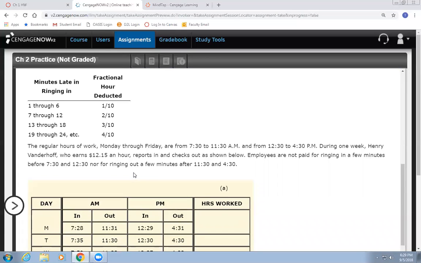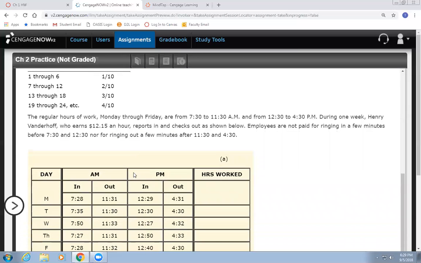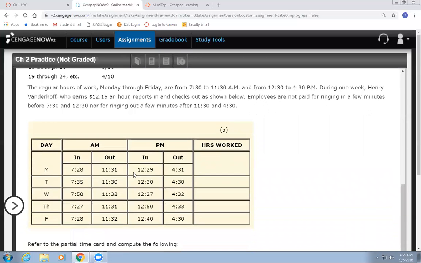Employees are not paid for ringing in a few minutes before 7:30 and 12:30, nor are they paid for ringing out a few minutes after 11:30 or 4:30. So this employer deducts time if you clock in late, but they give you no credit for staying late. But this is just their system. So they only deduct time. They don't add on any time.